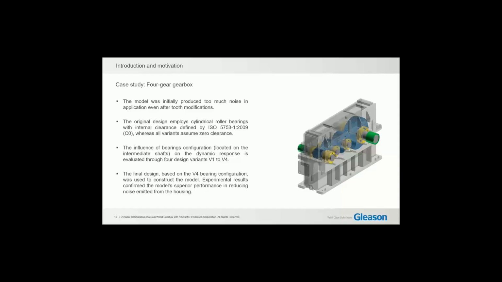In this optimization process, they tried to optimize the case study by adopting different bearing configurations for the intermediate shafts. They considered 4 different variants, from V1 to V4. Finally, they realized that the simulation and experimental results based on the last variant, V4, were the best, and therefore they confirmed the model's superior performance in reducing the noise.